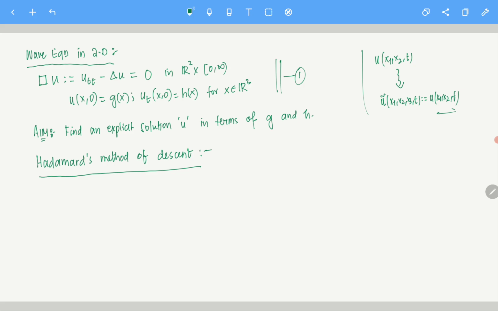Here in our case in 1, u depends on two spatial variables. Of course the time variable is there, you can't do anything about it. But the spatial variables are two variables, x1 and x2.